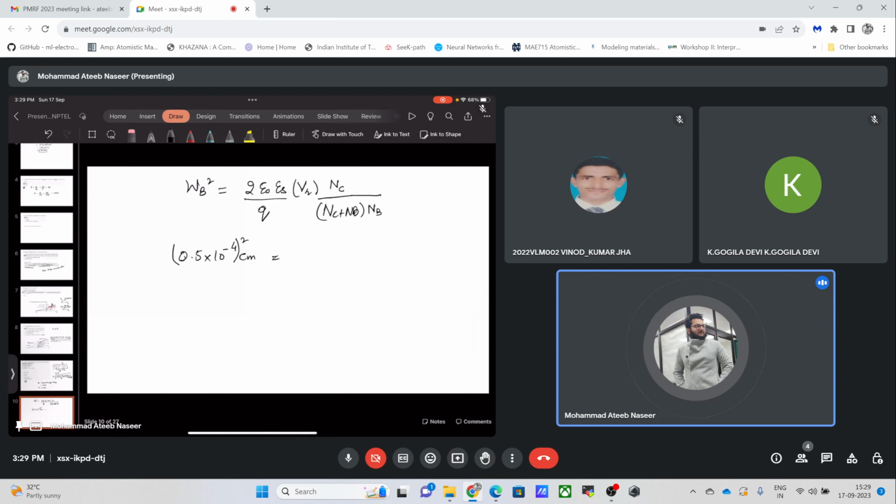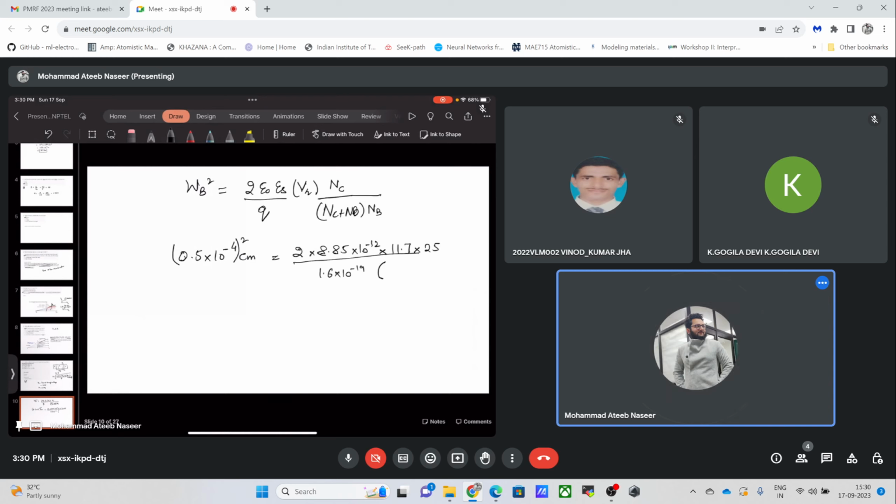This is equal to 2 times epsilon naught, which is 8.854 into 10 to the power minus 12, times 11.7 since it's silicon, times VR which is 25, divided by Q, which is 1.6 into 10 raised to the power minus 19.